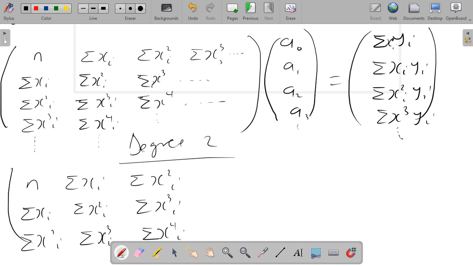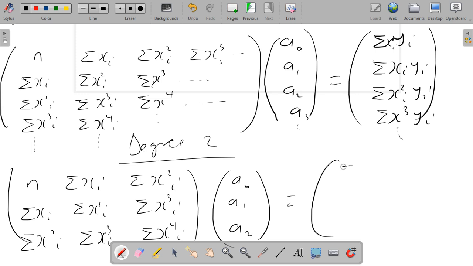So 3 by 3, and the unknowns are A0, A1, and A2. And then the right hand side will be summation yi, summation xi yi, and finally summation x squared i yi.